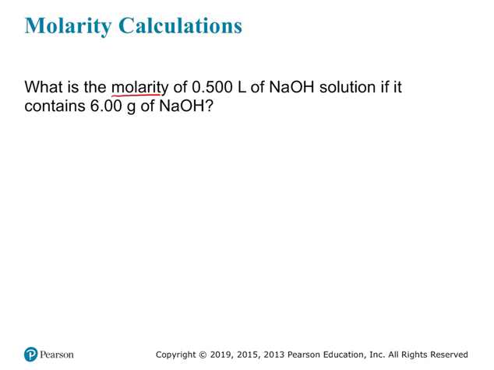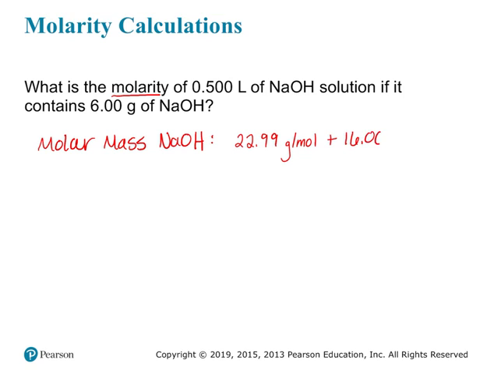All right, so the molar mass of sodium hydroxide. Okay, so we have one sodium atom, and that has a mass of 22.99 grams per mole. And then we have one oxygen atom, which has a mass of 16 grams per mole. And then we have hydrogen, and there's just one hydrogen, and that has a mass of 1.008 grams per mole.